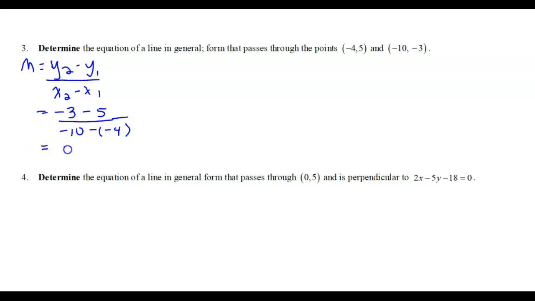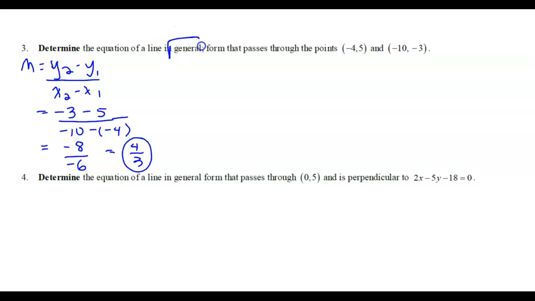So that's going to be negative 8 over negative 6, which is 4 over 3, positive. Okay. Then choose either of the points and put it into that slope point form.